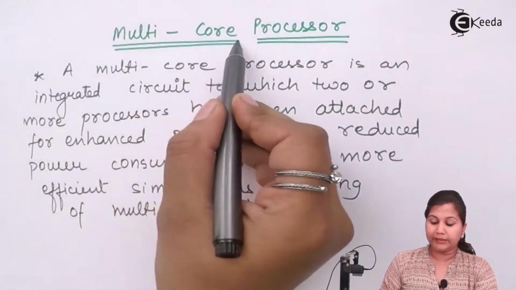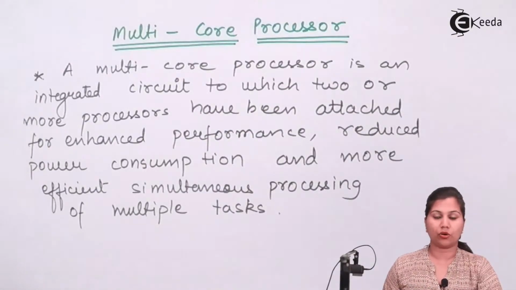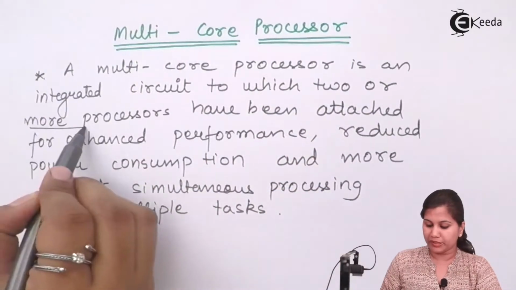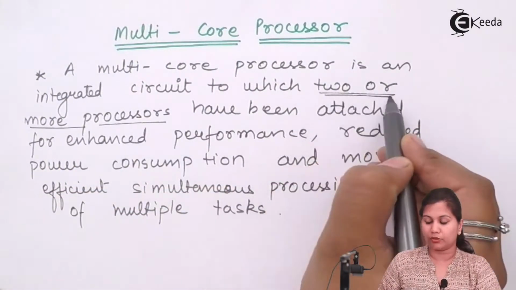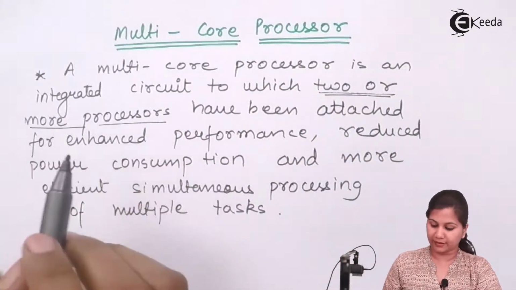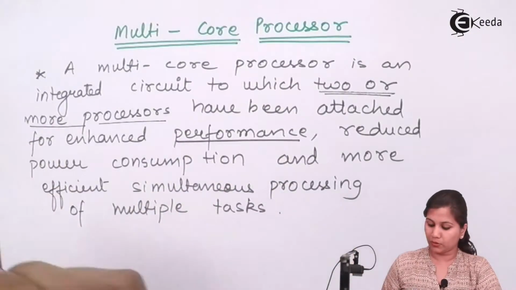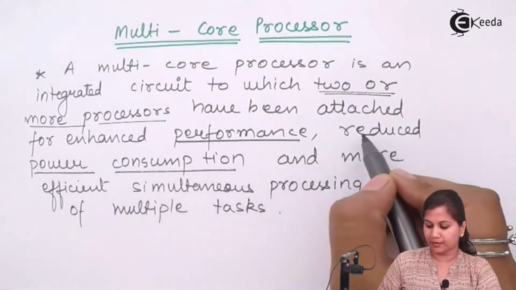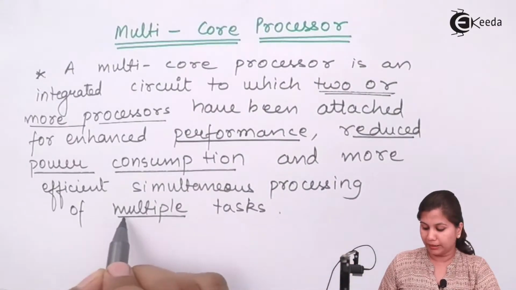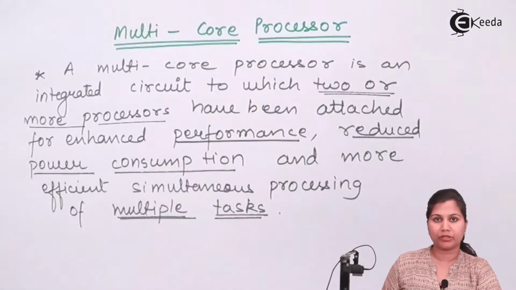So in the multi-core processor, on the chip, that is on the integrated circuit, two or more processors are present. Okay, now if two or more processors are present, then it is going to increase the performance, also it is going to reduce the power consumption, and multiple tasks can be performed simultaneously by the processors.